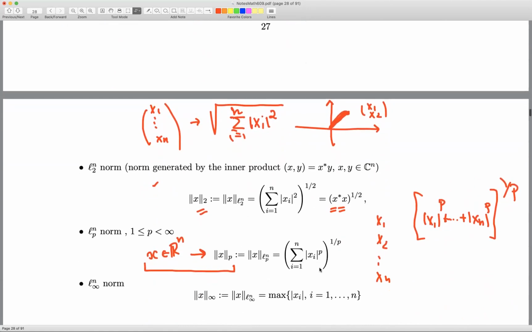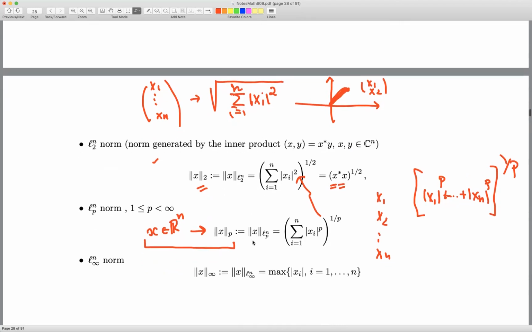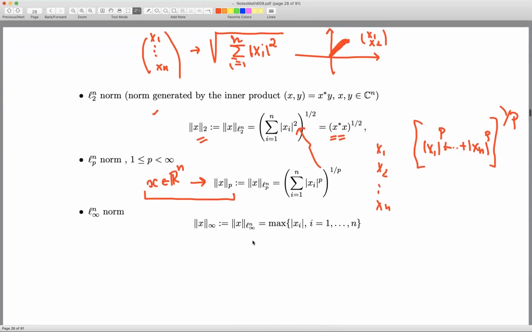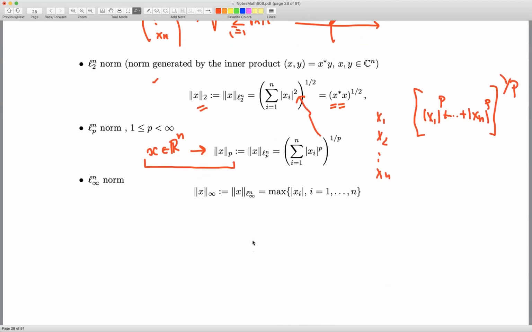When p is equal to 2, we will have this case here, and therefore we will recover the L2 norm. And finally, for the case of a vector space being Cn or Rn, we talk about the L infinity norm.